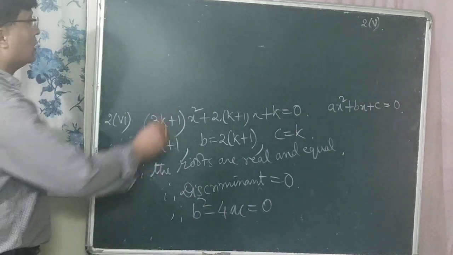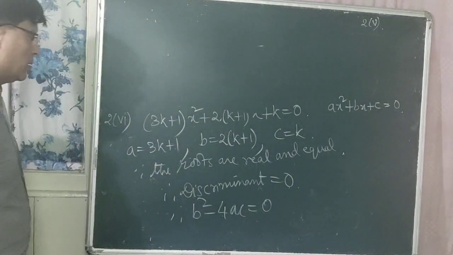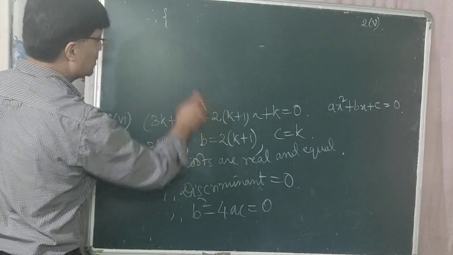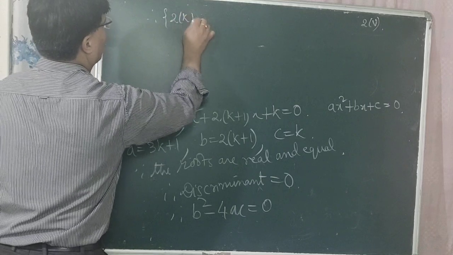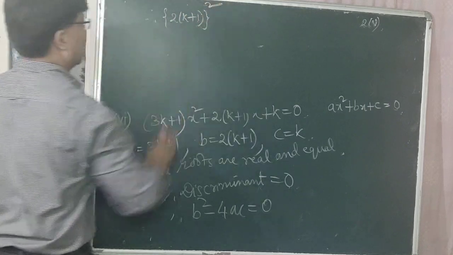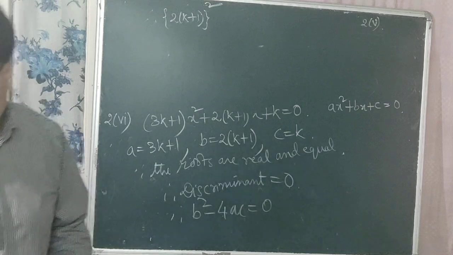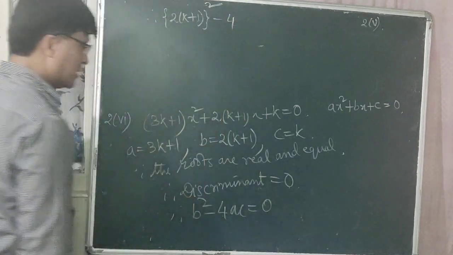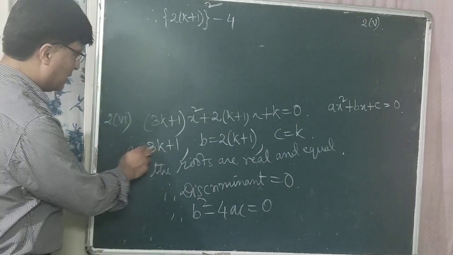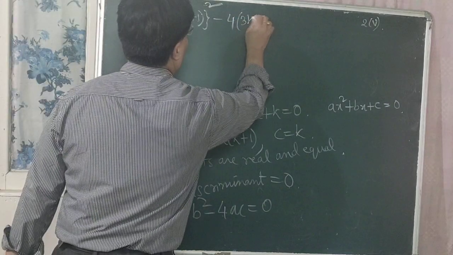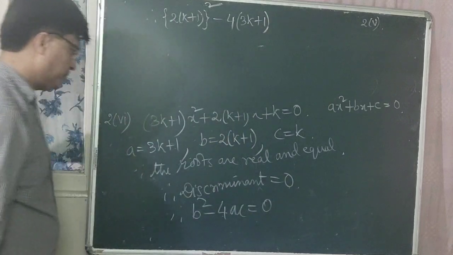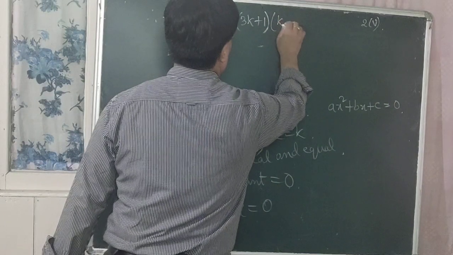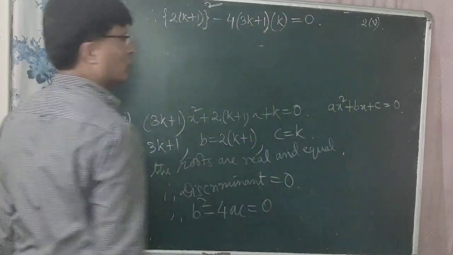Now, what is b square here? b whole square, and the value of b is 2 into (k plus 1) whole square, right? Next, minus 4 into, what is the value of a? 3k plus 1. And what is c? The c value is k, which is equal to 0.